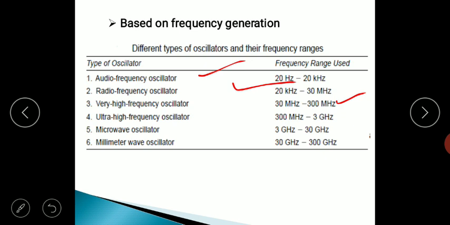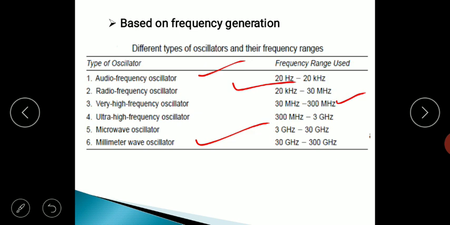The next level, that is 300 MHz to 3 GHz, is called as ultra high frequency oscillator. Then the microwave oscillator generates a frequency in the range of 3 GHz to 30 GHz, and anything above 30 GHz is called as millimeter wave oscillator.